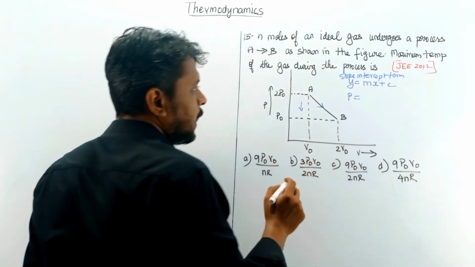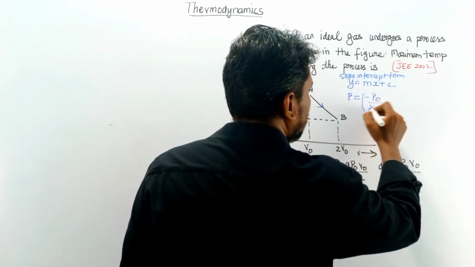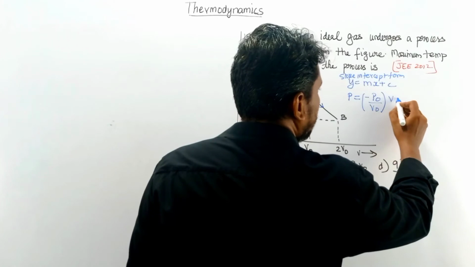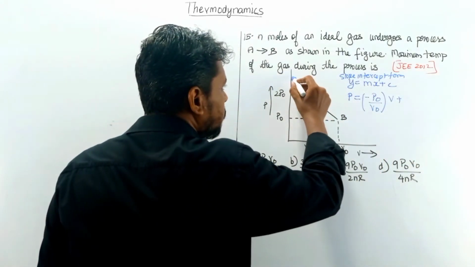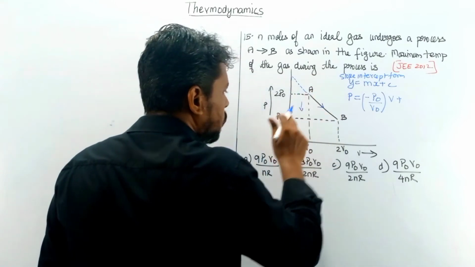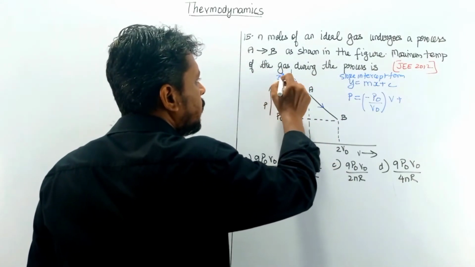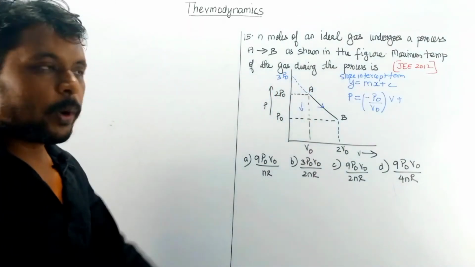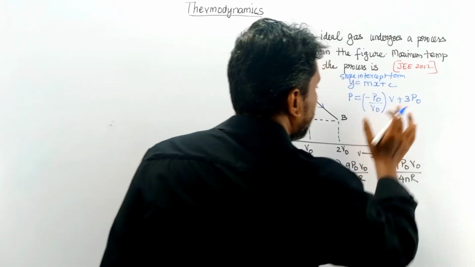So we can write it as P equals minus P naught by V naught into V, where x is V, plus c, the y intercept. When you extend this line, you'll get the y intercept. Here it is P naught at 2 V naught, so the next value will be 3 P naught. So the y intercept value is 3 P naught. This is the equation we have got.